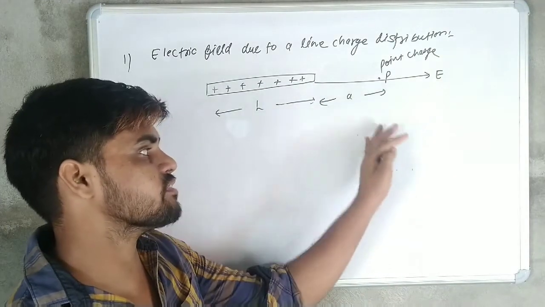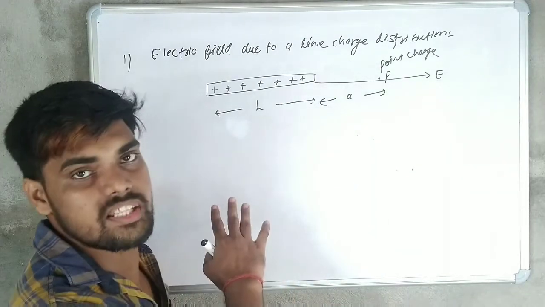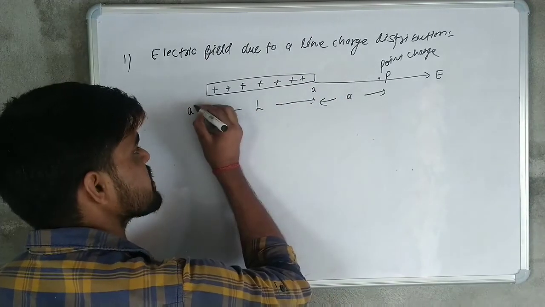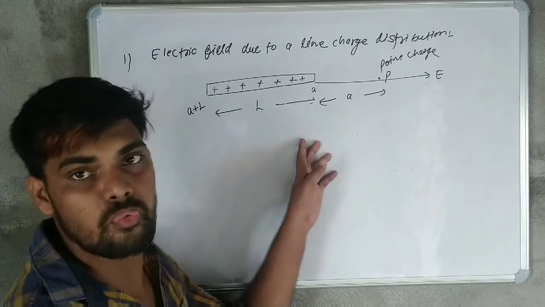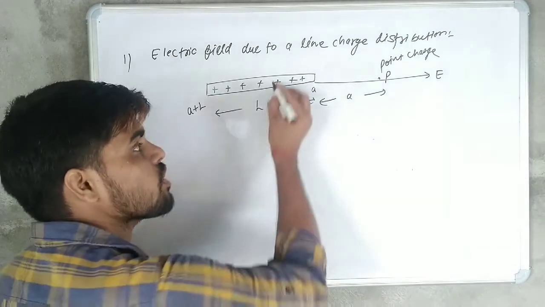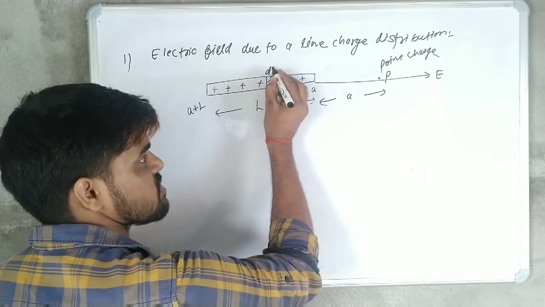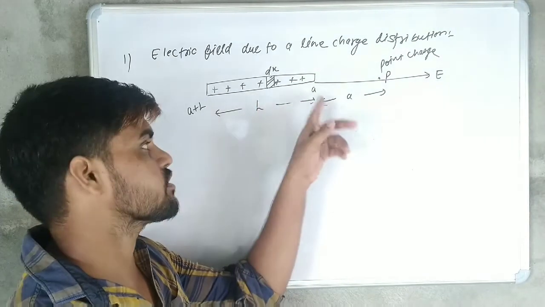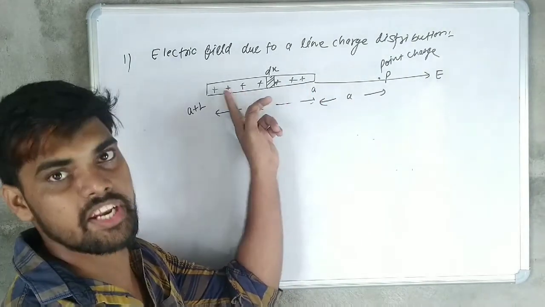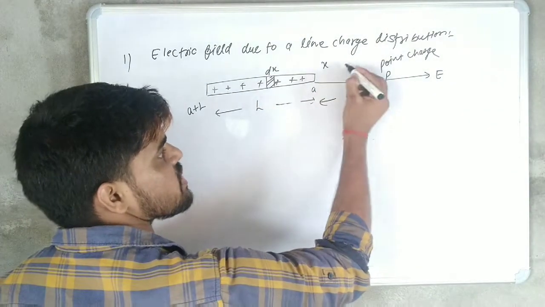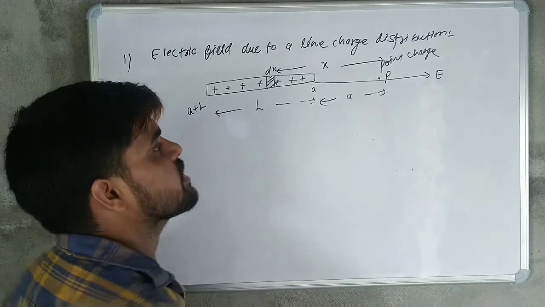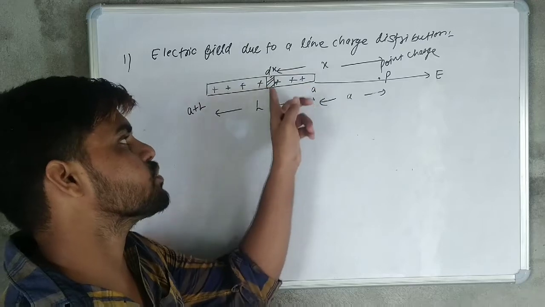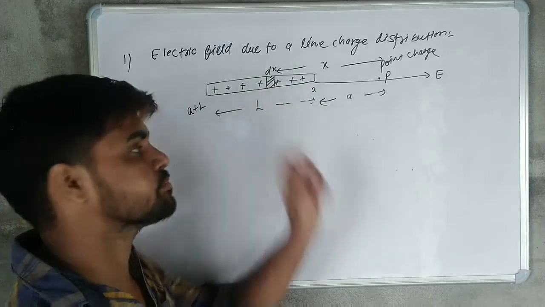To find the value of the electric field, we have to integrate from this point to this point, a to a plus L. We take an element dx on this rod, which can be anywhere on the rod, at distance x from point P. Here x is variable because we can put dx anywhere on the rod.